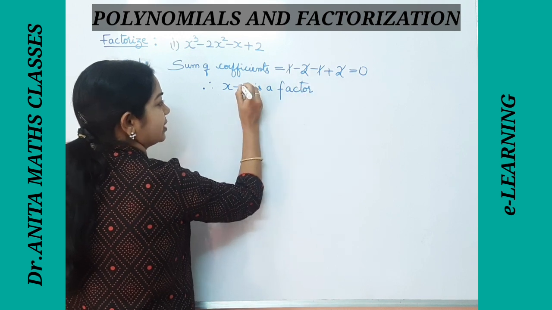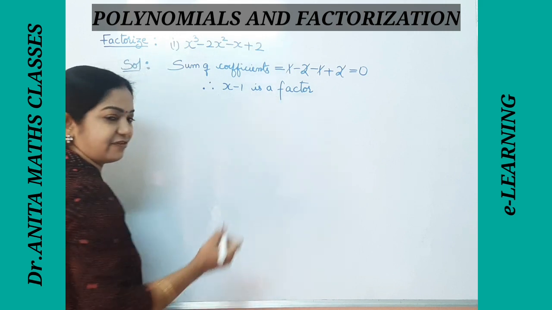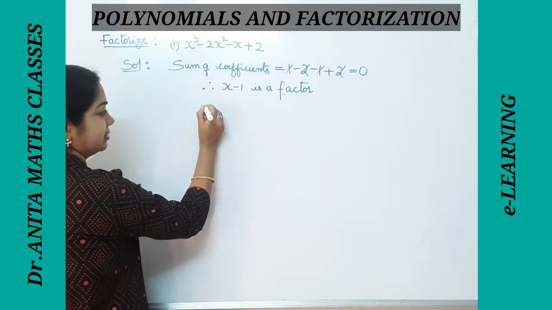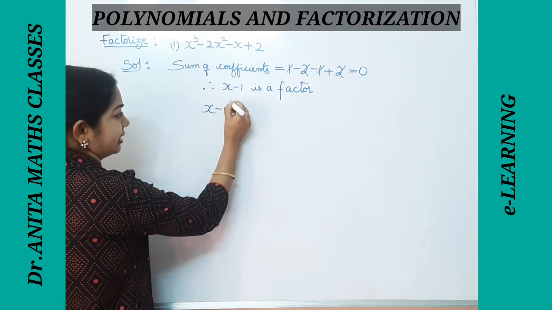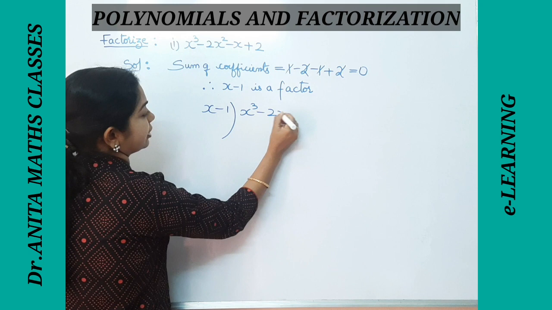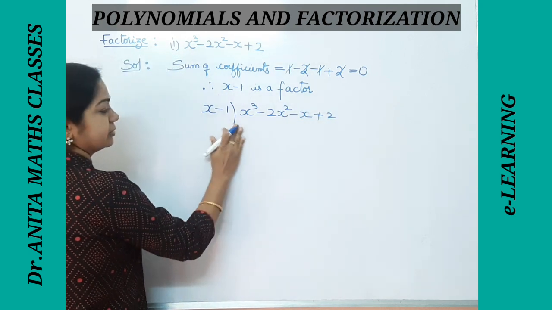So, with x minus 1 as a factor, we will divide this cubic polynomial. Let's start the division. So, x minus 1, and the polynomial is x cube minus 2x square minus x plus 2.